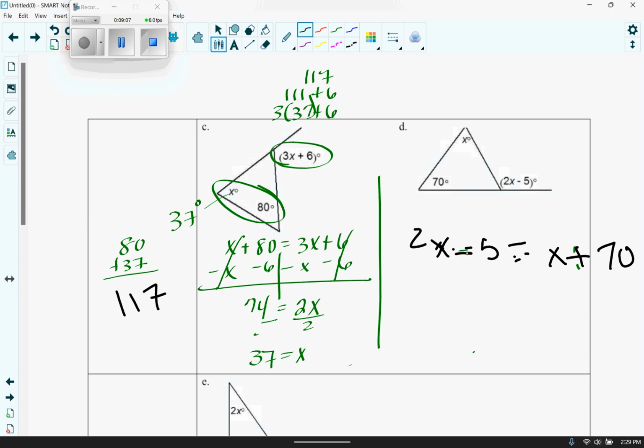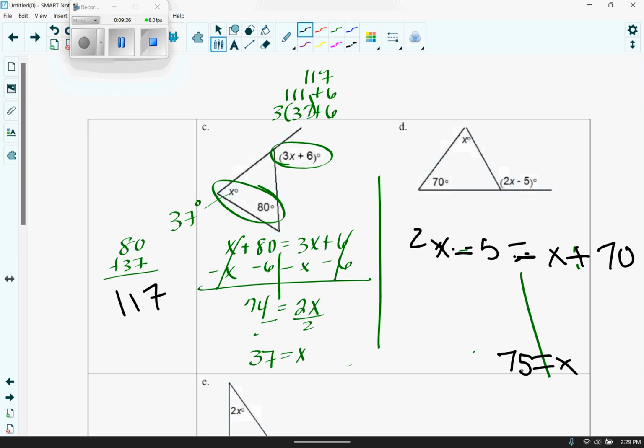And when we solve that, that looks really ugly. When we solve that, line down the middle, take away an x from both sides, and you solve it, and you should end up with 75. So x is going to equal 75.